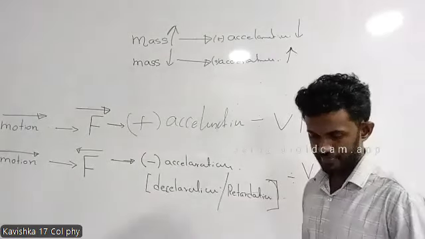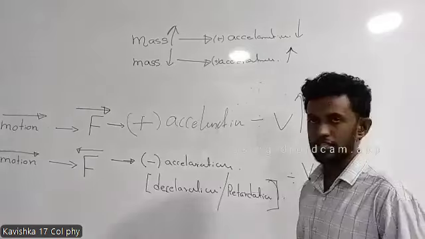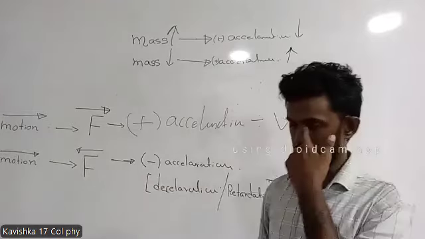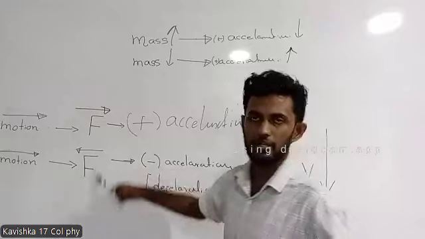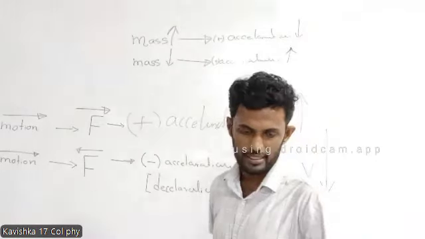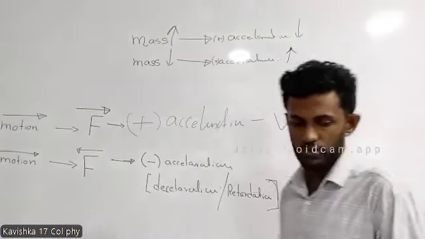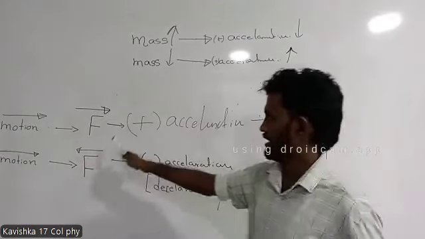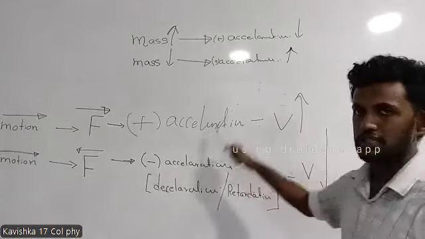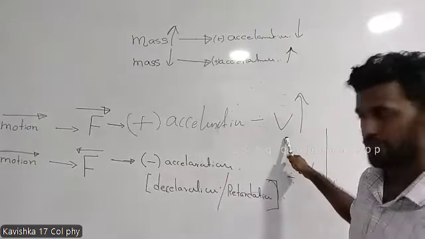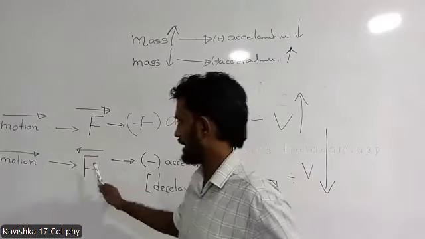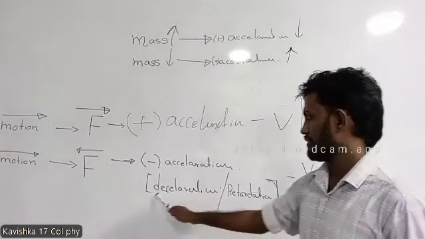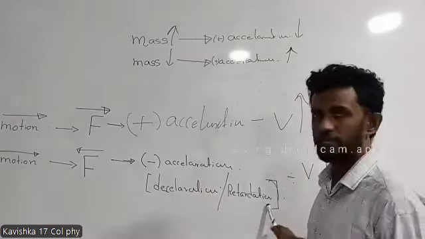After finishing that, in science the unbalanced force is indicated by capital F. If there is an unbalanced force in the same direction as the motion, there is positive acceleration, so velocity increases. If the unbalanced force is against the direction of motion, then there is negative acceleration, which we call deceleration or retardation.